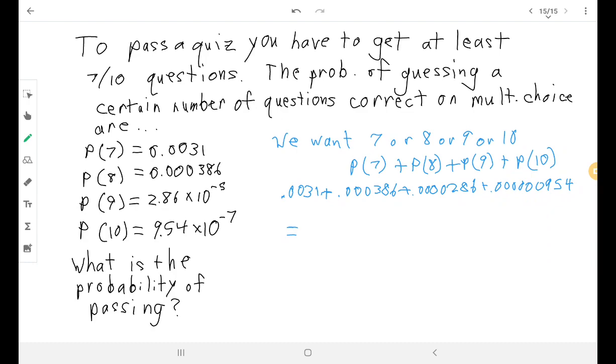Which gets us 0.003, let's call it 52. Let's just round to that many decimal places.